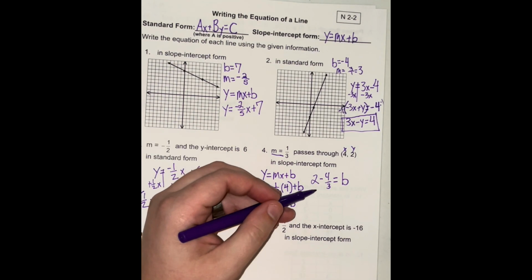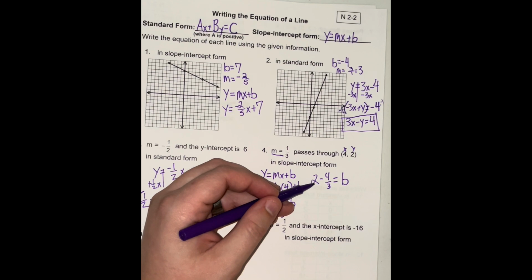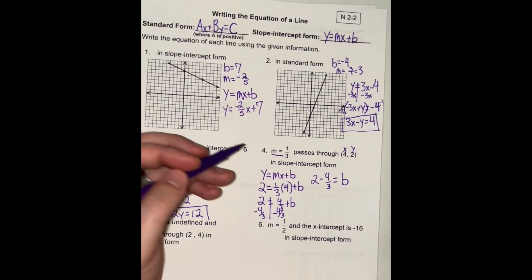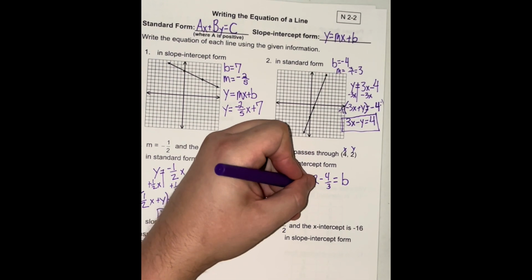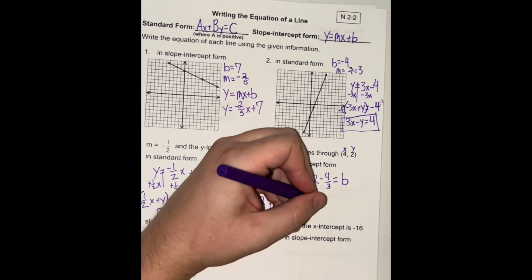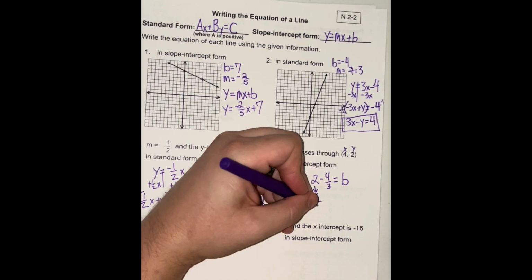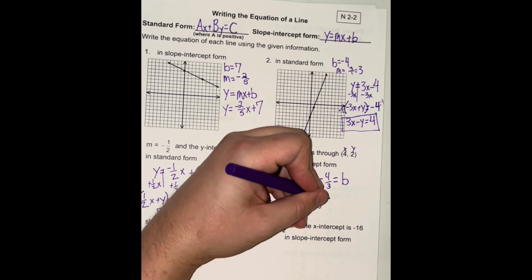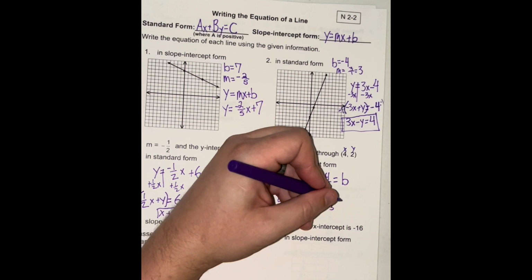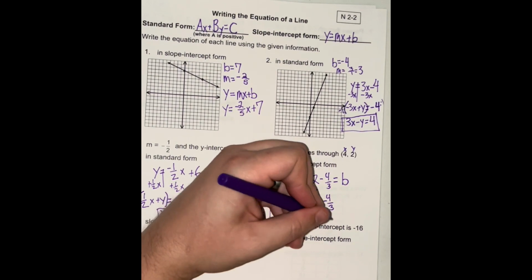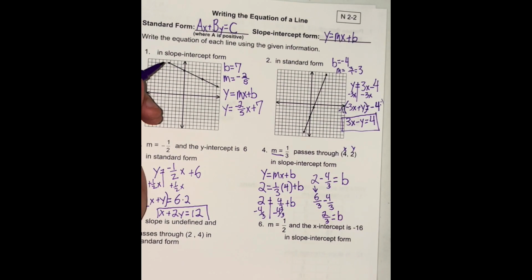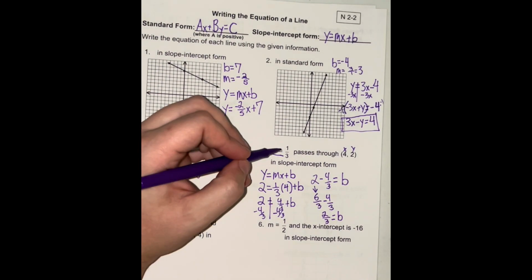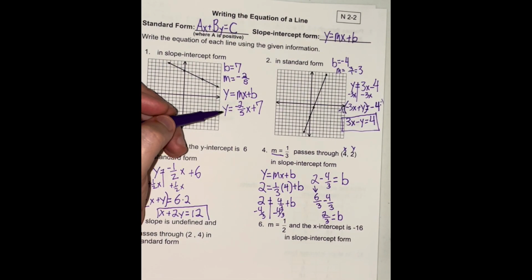So what I can do here is take 2 and turn it into a fraction, so cut it up into thirds basically, that 2 wholes I could change into 6/3, and when I do 6/3 minus 4/3, I end up with 2/3 for b. So I've got my 2/3 as b, and I've got my slope that's 1/3.